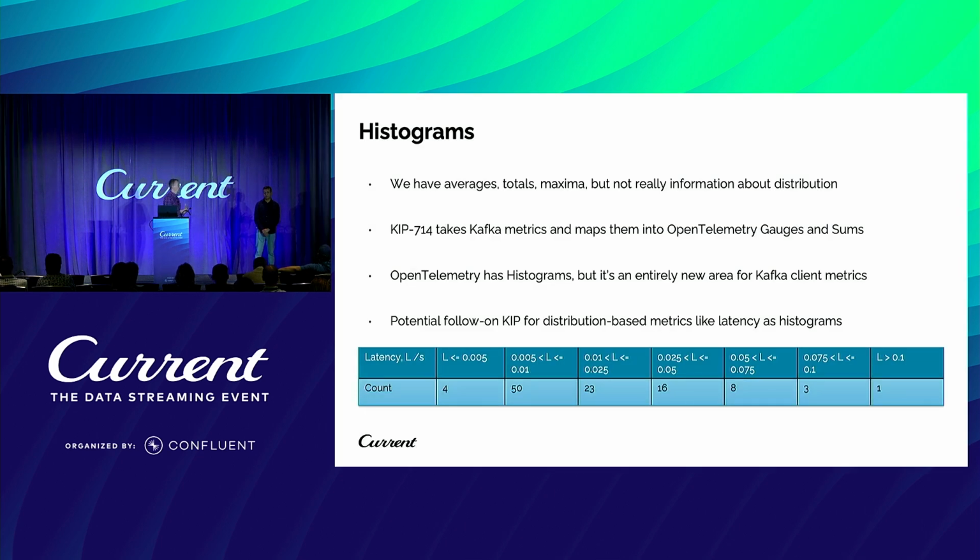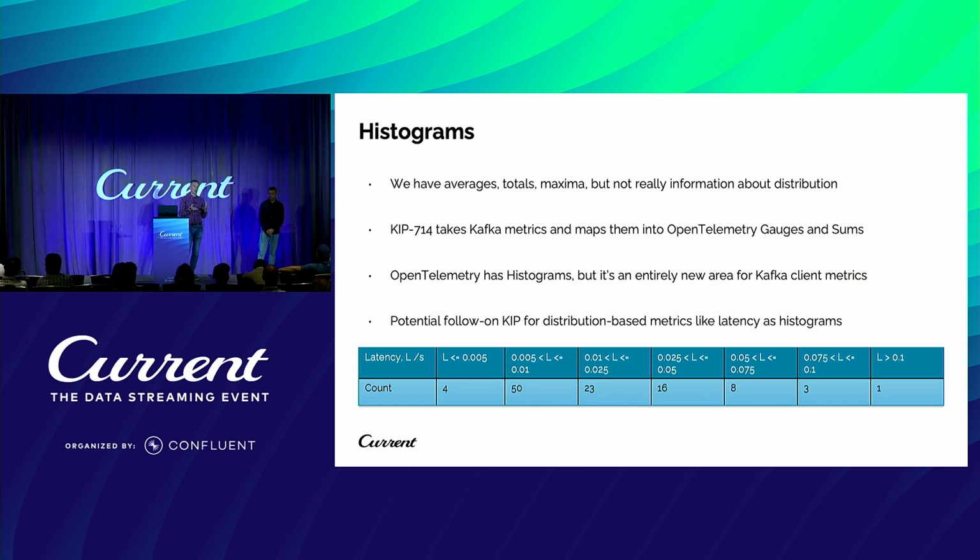And then one potentially more interesting one is, what about metrics which are distribution-based in nature? So something like latency, where you'll find that you've got a curve which has a long tail, and you're trying to work out what proportion of metrics are over a particular threshold. Well, Kafka client metrics don't know how to do that at the moment.